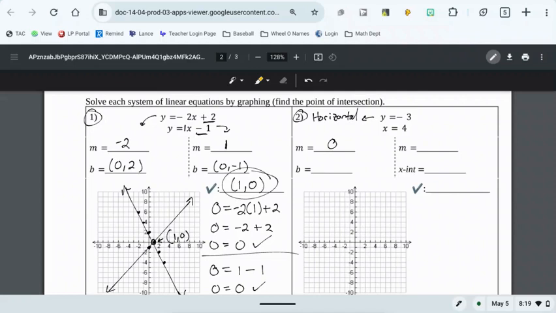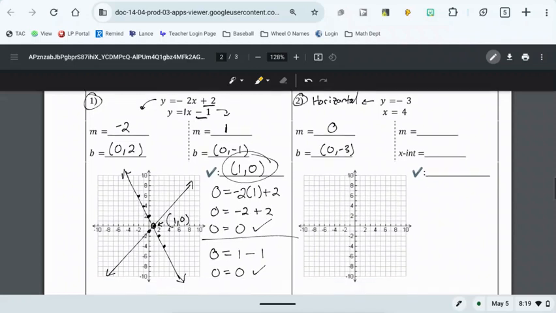And our y-intercept will just be 0, -3. So we're going to go 0 down to 3. And then a horizontal line means it goes straight across, where our y value is always -3.